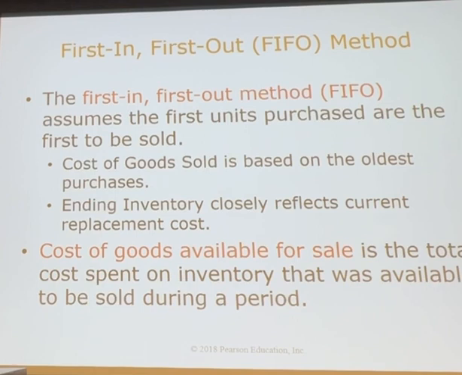Therefore, the units that will be in our ending inventory will be the ones that we purchased most recently. And therefore, the cost of our ending inventory will fairly closely represent what the current replacement cost would be if we went out and purchased that inventory again under current market conditions.